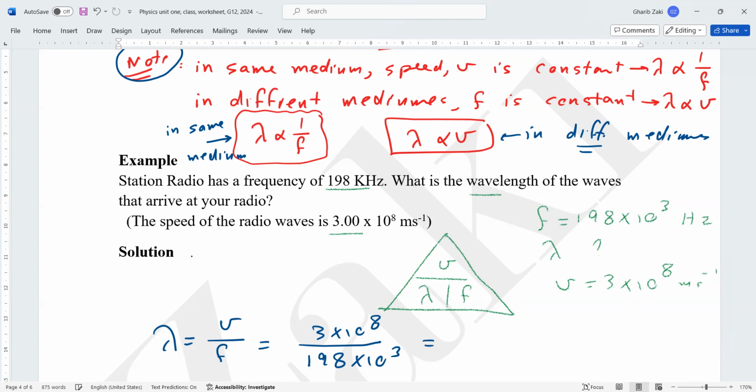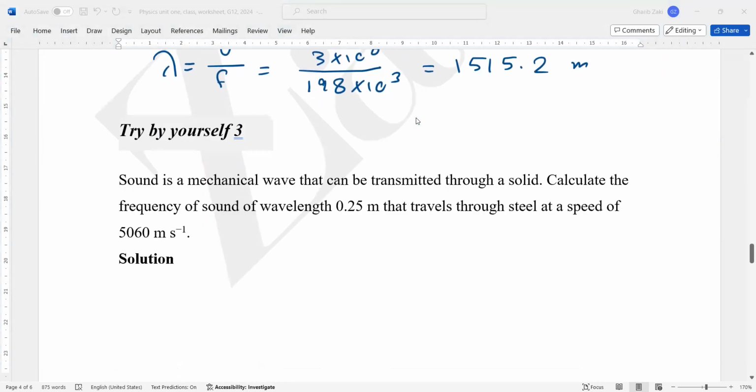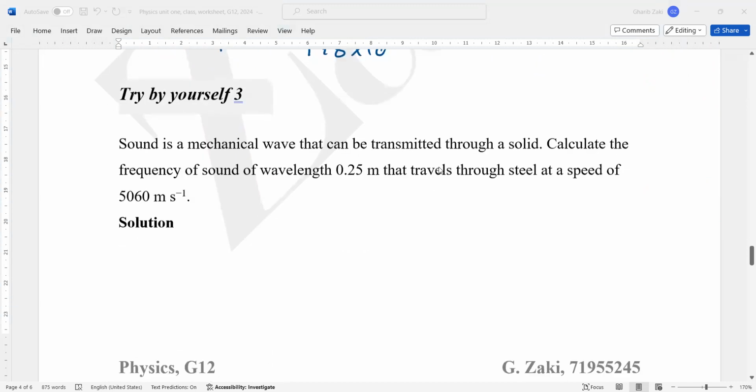The answer will be 1515.2. The unit is meter. Okay, guys? Any problem, please? Do you have any doubt? Now, let us solve another one. Try by yourself. Try to solve it.